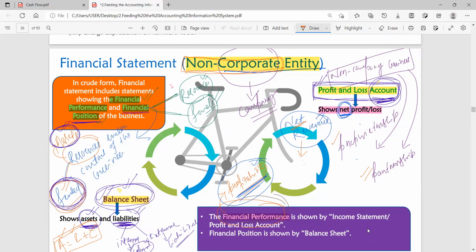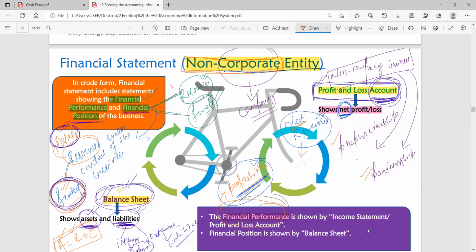So if you look at net revenue, basically from revenue we subtract the cost which we incur to generate that revenue. Let's say we are selling goods. The cost price of the goods which we sold would be the expense for our revenue. So we subtract the cost price and other related expenses of making the sale from the sale revenue, and we get the net revenue.